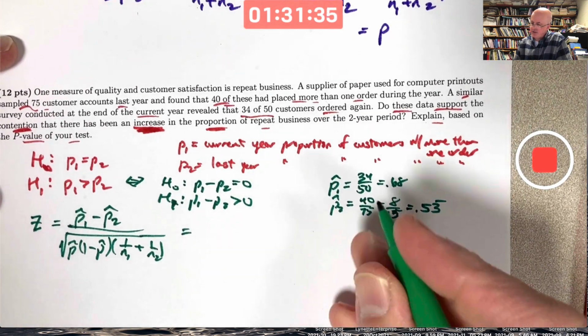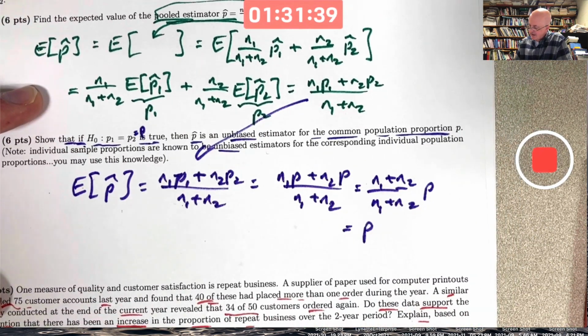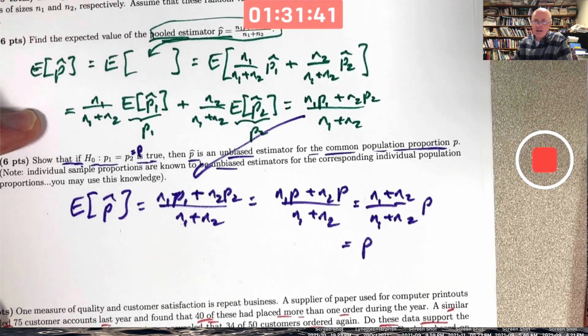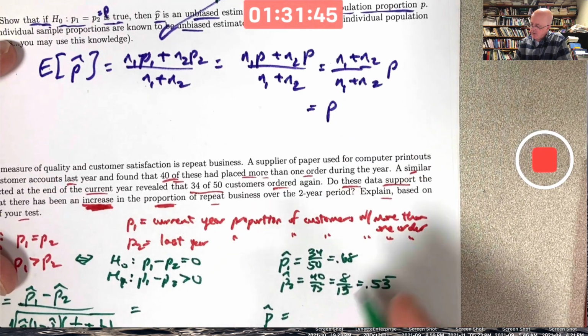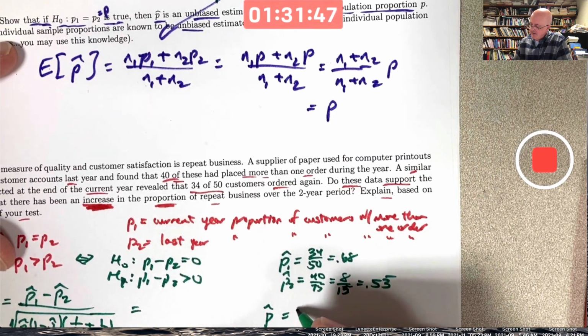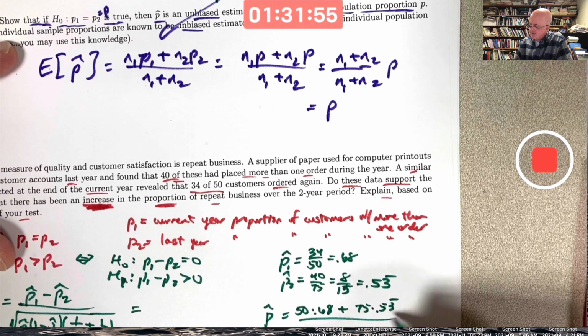The pooled proportion, I can either use this formula for it. Let me go ahead and write that down: n1 p1 hat plus n2 p2 hat over n1 plus n2. So I could write 50 times 0.68 plus 75 times 0.53 repeating, all divided by 50 plus 75.